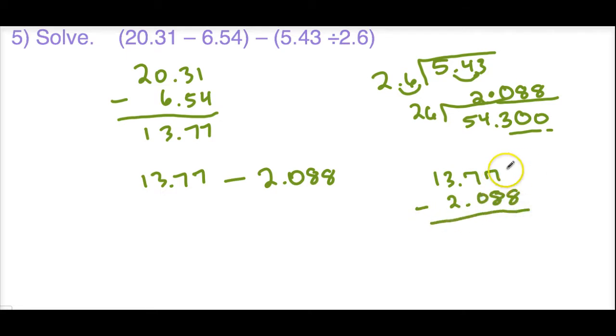In this problem, since there are no thousandths to take away, I'm going to put a 0 there so it's understood to be there. And when I subtract this, I get 11, and I bring my decimal down, and 682 thousandths. So that ends up being our final answer.